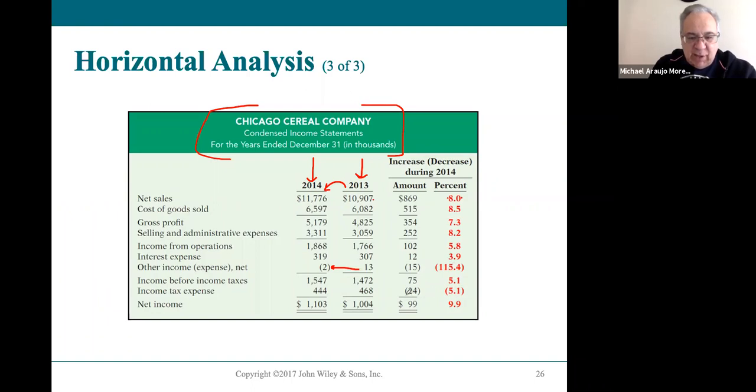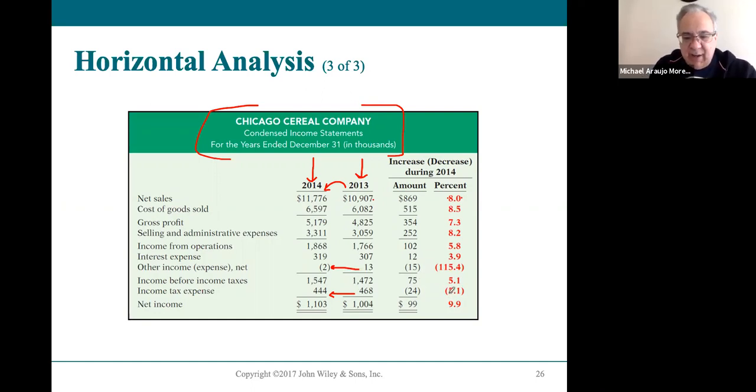Okay. In the case where it went down, income tax expense went from 468 to 444. So that went down by 24. 24 divided by 468 is 5.1%. But when you have a negative divided by a positive, your outcome is going to be negative.